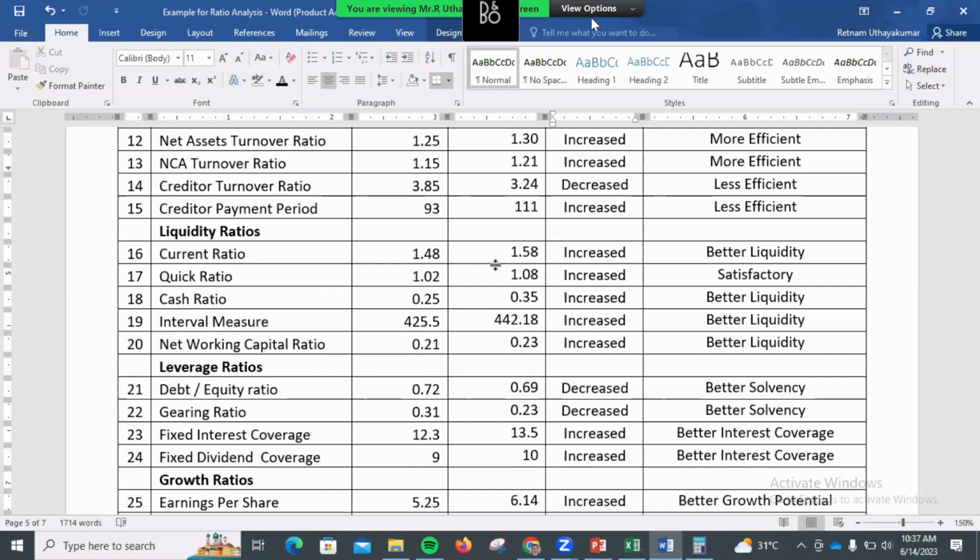For the fixed interest coverage, whenever you find relatively higher results, you want to interpret it as better interest coverage and better dividend coverage.